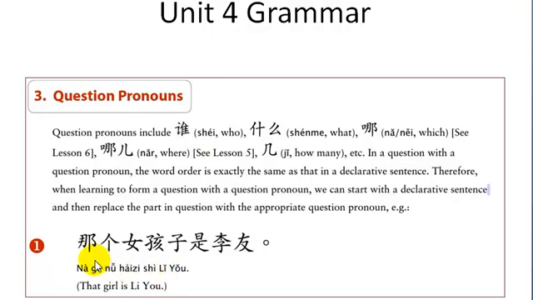So for example, you have 那个女孩子是Leo. This is, that girl is Leo. Okay, so there's a declarative statement. So how would you make this into a question that says, who is that girl? The way you do that is you just take out Leo and put in who.